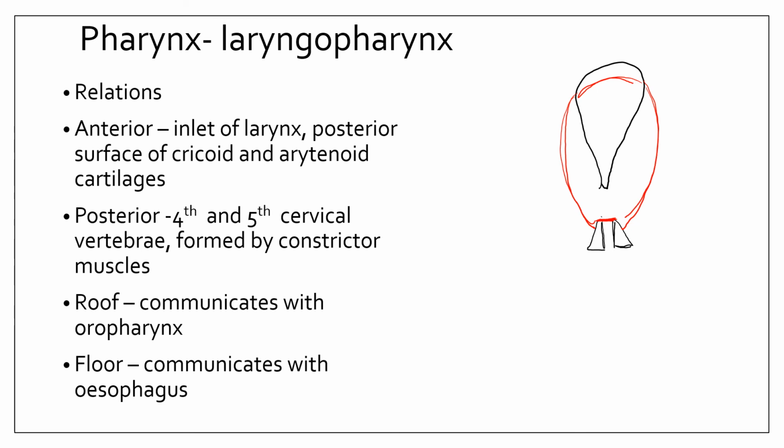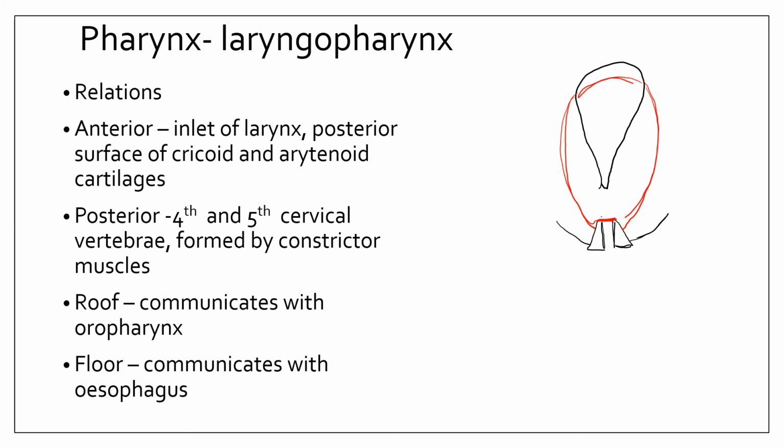Then below it is also related to, now here there is lamina of the cricoid cartilage as well as the arytenoids. So that is anterior relation of laryngopharynx. Posteriorly it is related to fourth and fifth cervical vertebrae, and roof communicates with oropharynx and floor communicates with the esophagus.